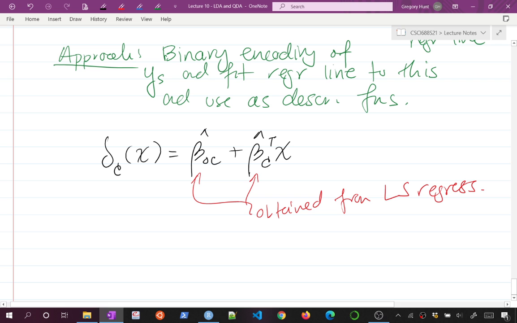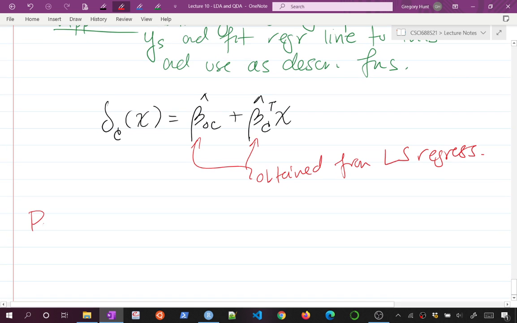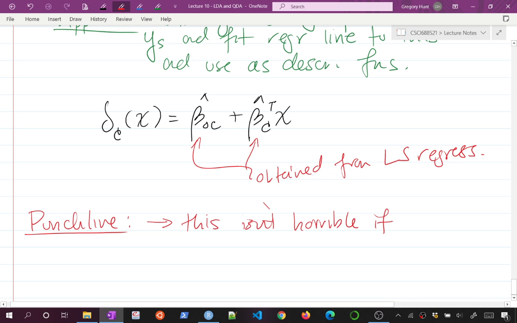I'm not going to get into it too much, but basically the punchline is that this isn't horrible if the number of classes, let's call that k, is small.